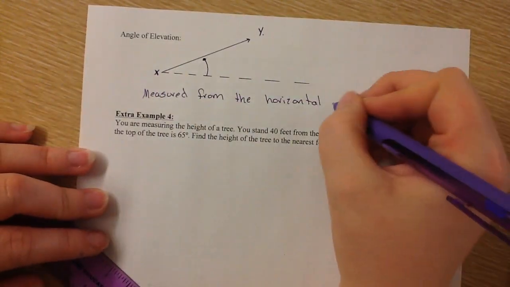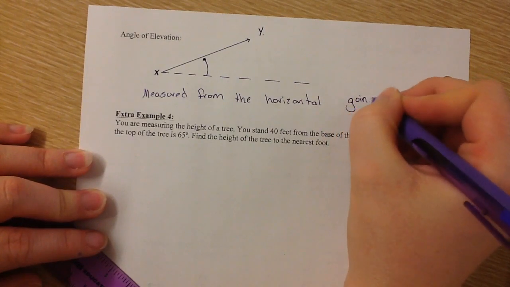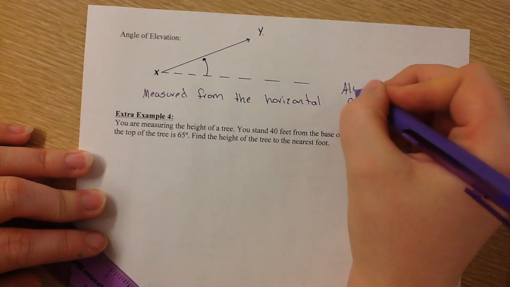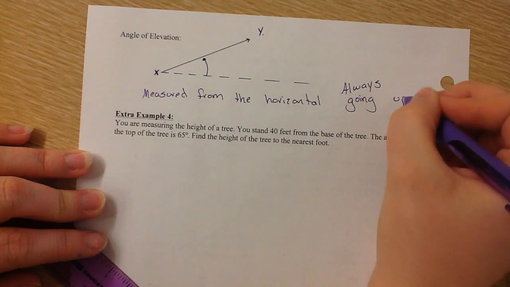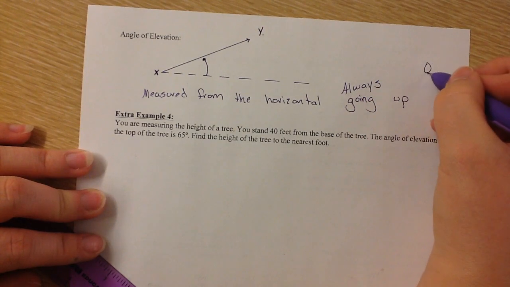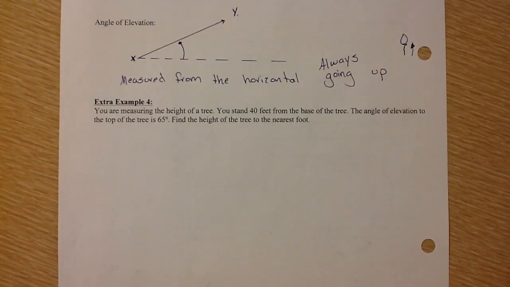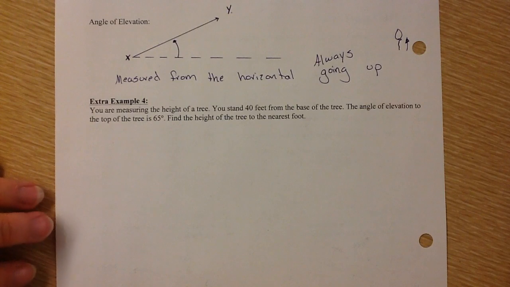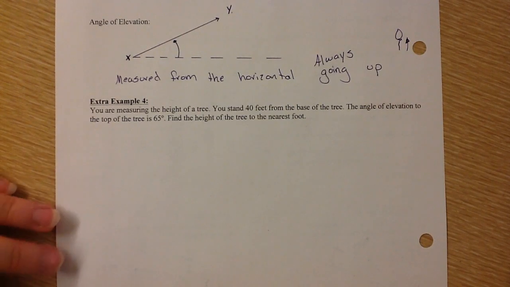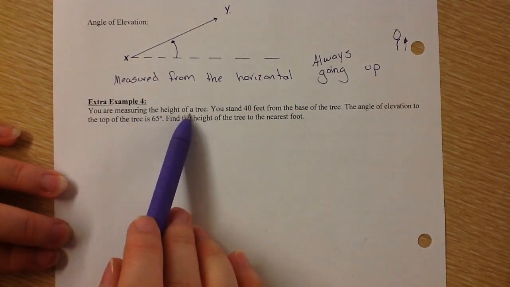The angle of elevation is always going up. Hence, elevation means going up, like a balloon goes up. It elevates. Okay. All right. So how this can be used is angles of elevations are used a lot in real life application type problems. So you are measuring the height of a tree.